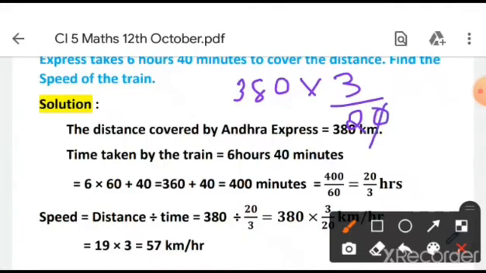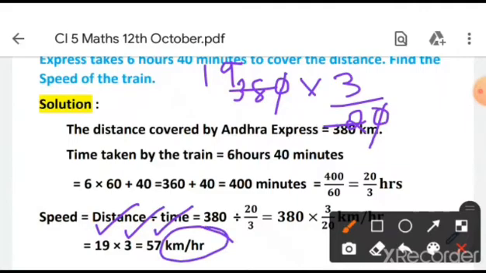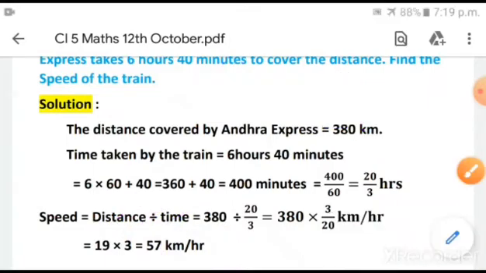Here see, 0 of 20 and 0 of 380 get cancelled, and now you can cancel 38 by 2. 2 nineteens are 38, and you now multiply 19 into 3, that is 57, and the unit will be kilometer per hour. Why? Because the distance is in kilometer and the time is in hours. As you have studied before also, the unit of speed always depends on the unit of distance and the unit of time.